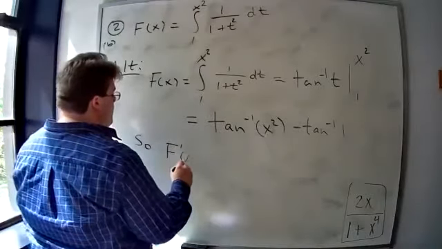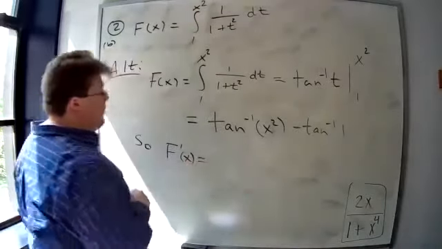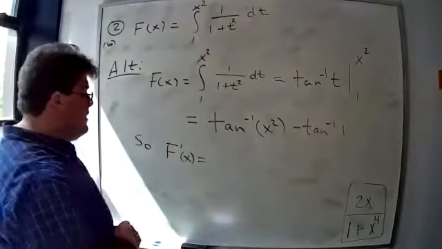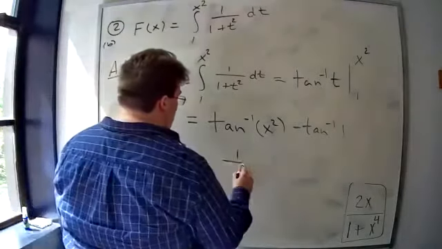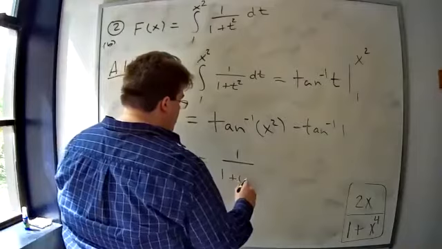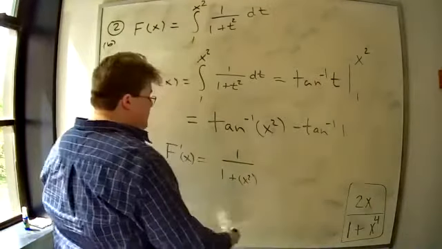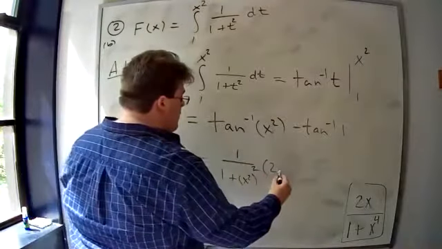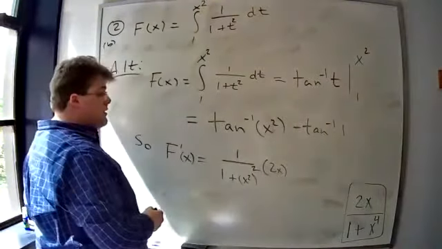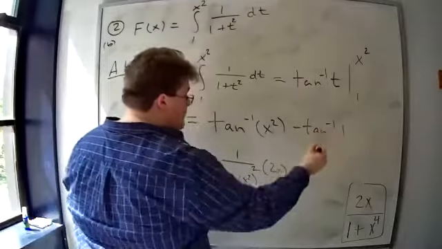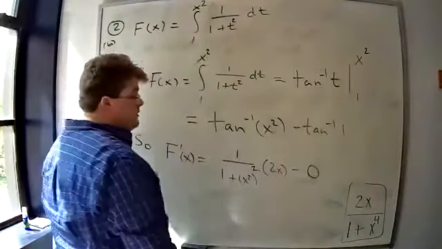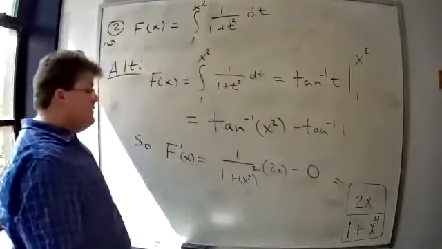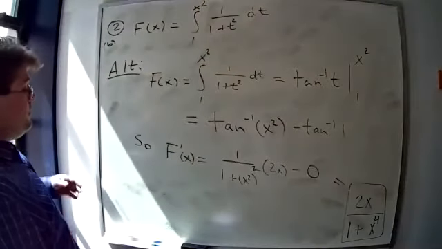So capital F prime is what? Well, derivative of inverse tangent, 1 over 1 plus inside squared, times derivative of the inside, minus derivative of a constant. And that does equal what we expected.